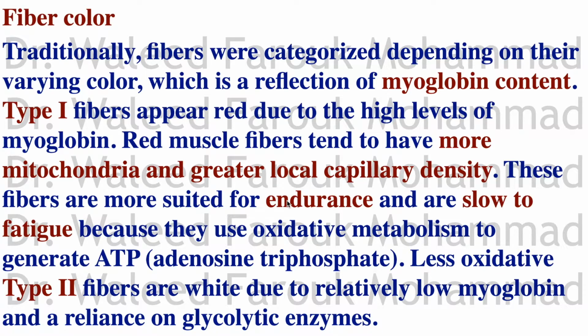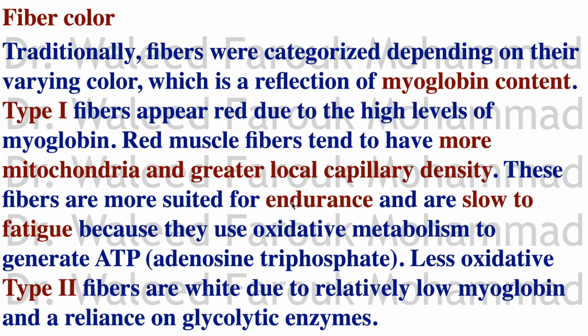If talking about fiber color, some fibers reflect different myoglobin content than the others, so they are classified into type 1 fibers and type 2 fibers. Type 1 fibers appear red because of the high level of myoglobin.